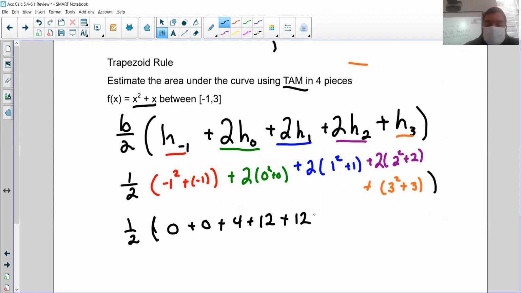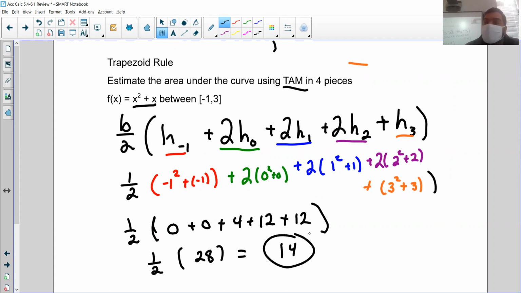Oh, because you doubled this one. All right. One half of 24, I'm sorry, times 28. That equals 14. So your approximation of the area is 14.